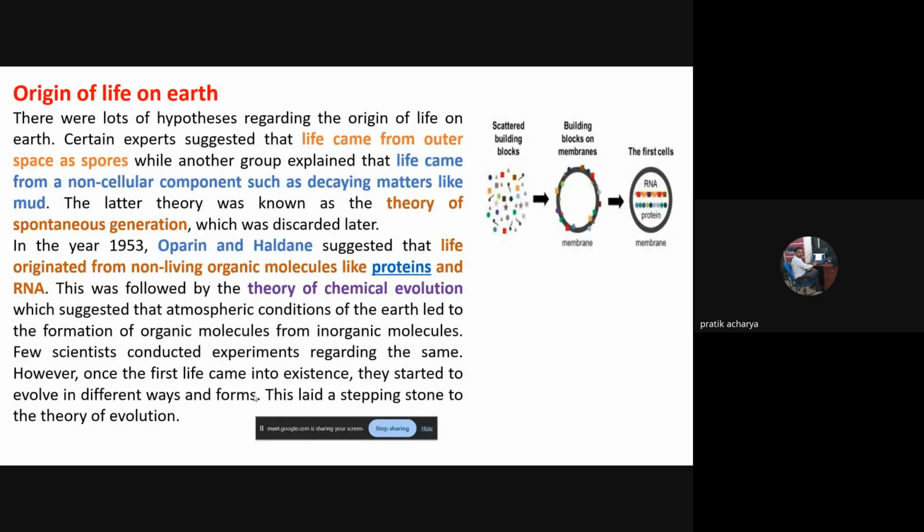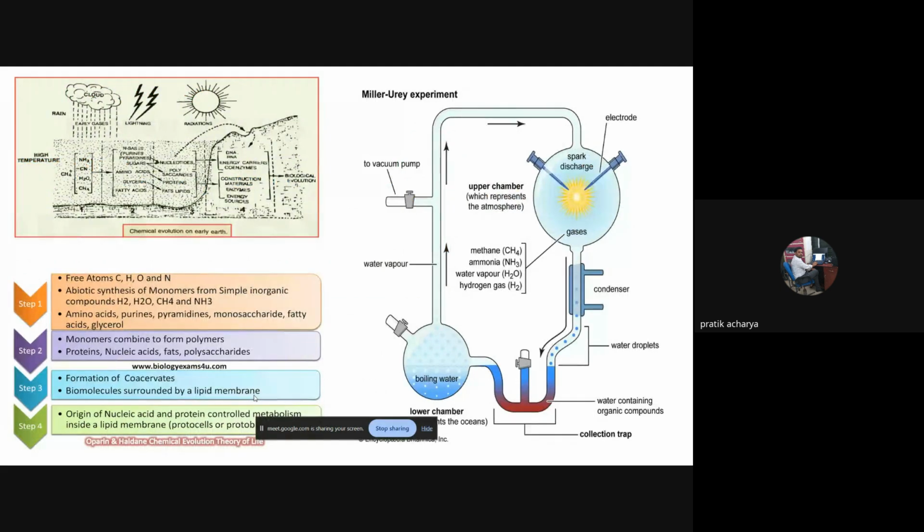So this was the basic process of origin of life previously described by the scientists. In the next slide, these are the basic features already discussed: how Miller-Urey experiment explained the pre-atmospheric condition, the reducing atmosphere, the oxidizing atmosphere, everything.